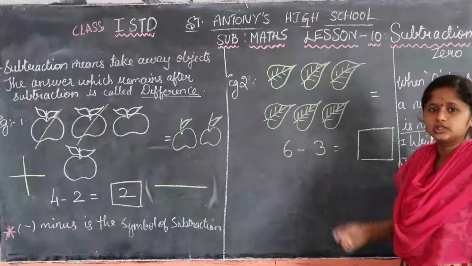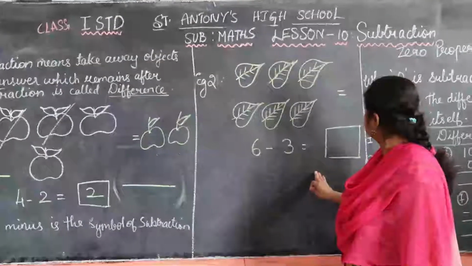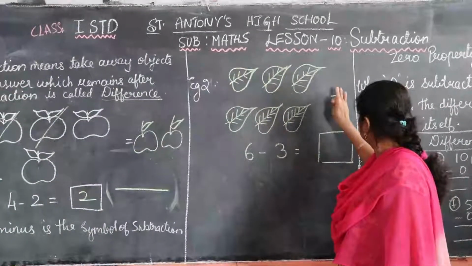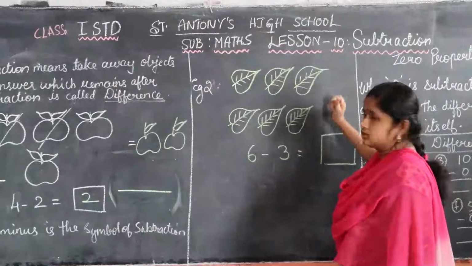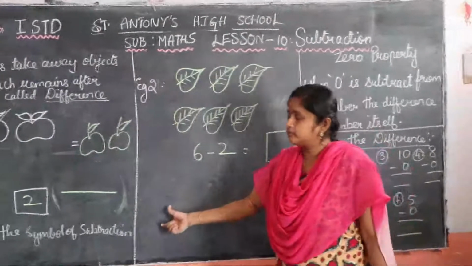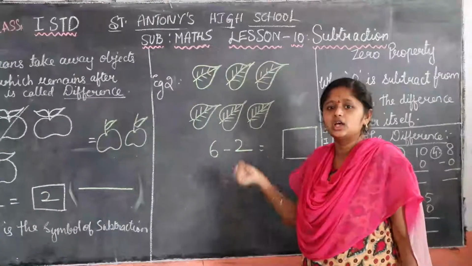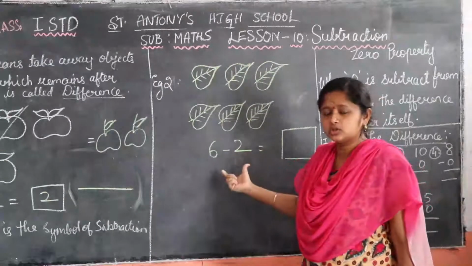So next example, what is this object, children? Leaves.